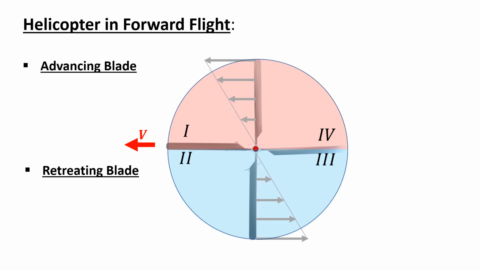Okay, and since we know the blade disc as a whole is moving towards the left with a velocity magnitude of big V, now we have the rotational speed of the blade and also the flight speed. We want to know the total velocity of the blade sections. So still looking at these two blades, they will have a non-symmetrical velocity distribution.